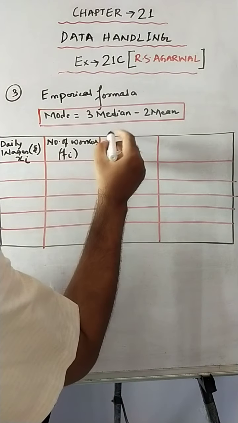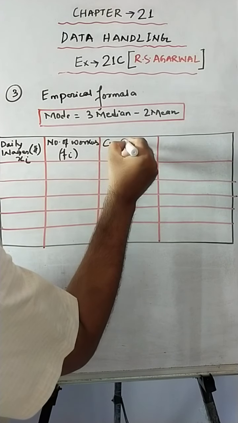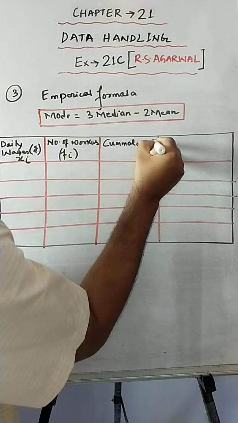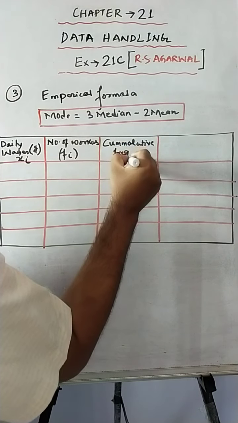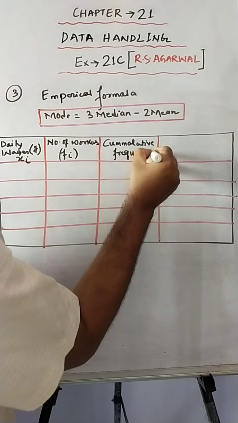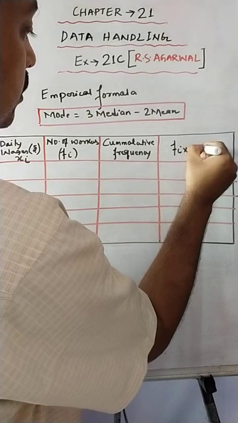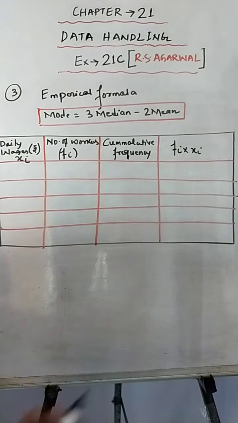The third column will be cumulative frequency. I will tell you what exactly you have to do with this cumulative frequency. The fourth column will represent Fi into Xi, or Xi into Fi, doesn't matter.